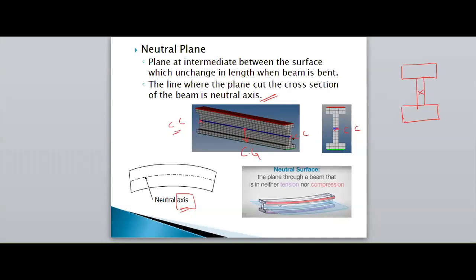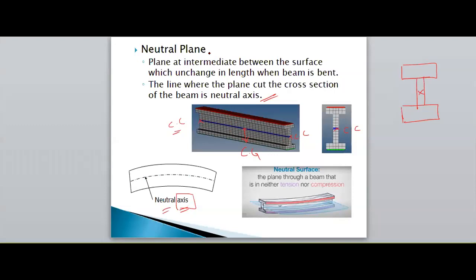We can see a blue line which is joining two centroids. By joining these two centroids, we get a straight line. That line we call the axis, and it is the neutral axis.